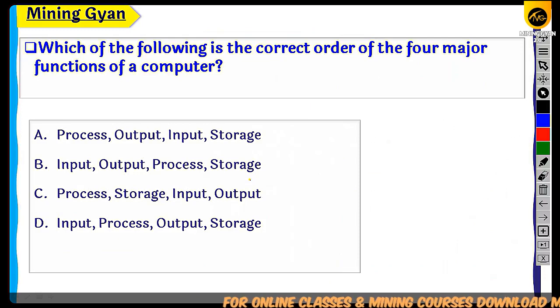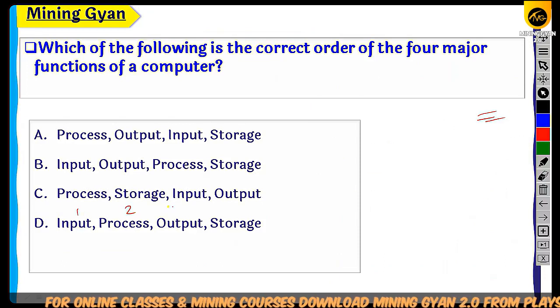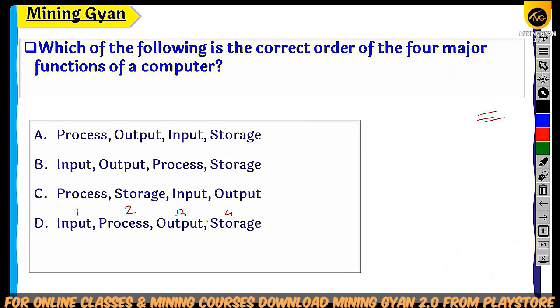Option D is the correct answer. First input, then process that input, then give the output as a result by processing the data, and then the result will be stored in the storage unit.